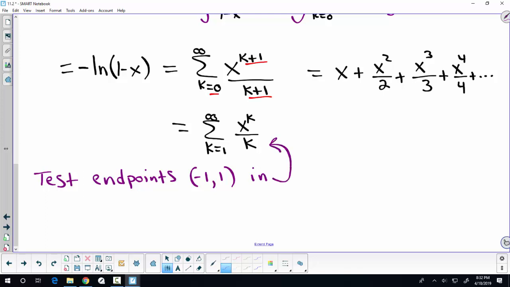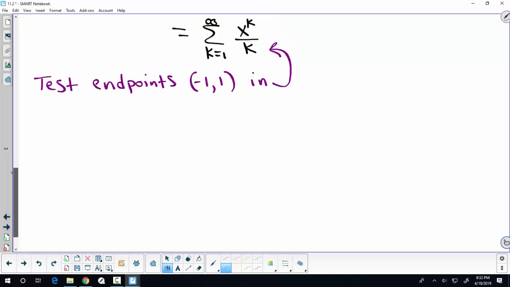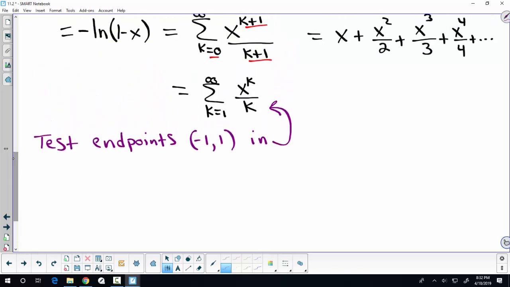You've got to test the endpoints of the old interval of convergence in the new series because we took an antiderivative. The same is true if you take a derivative. So when x equals -1, our series is (-1) to the k over k.